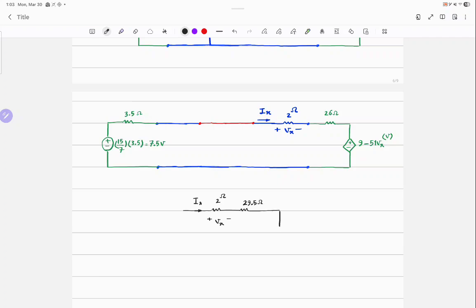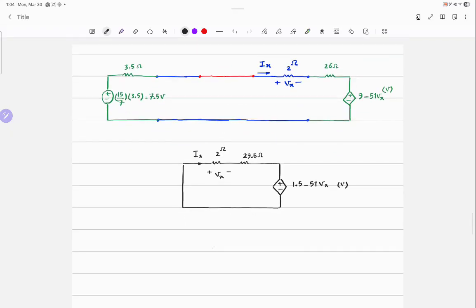And I have one voltage source, which is the combination of everything. And what is its value? 1.5 minus 51 Vx volts. Any problem?